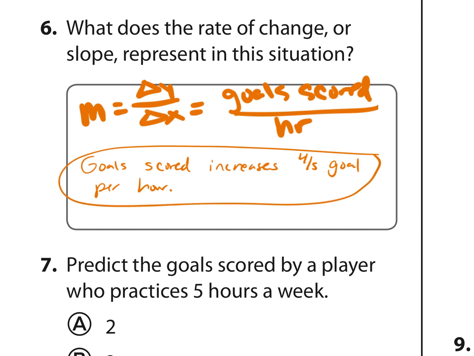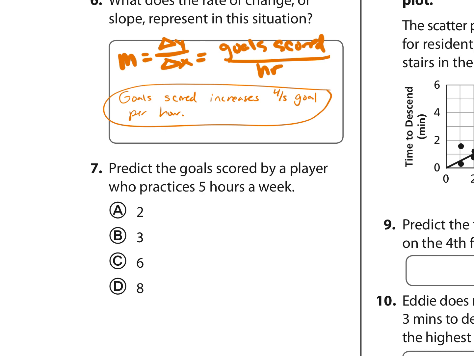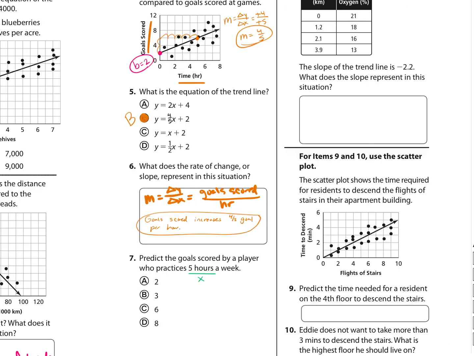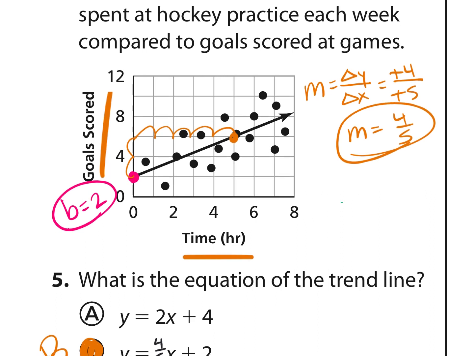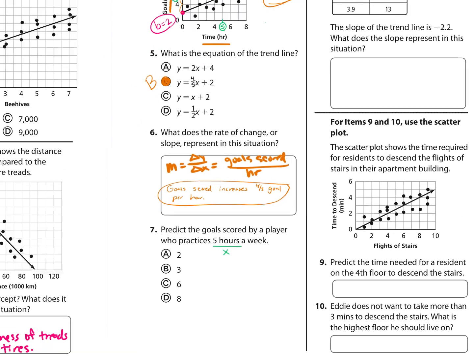Number 7 says predict the goals scored by a player who practices 5 hours a week. That's where x, the time, is 5. I could look at it in a graph by saying, okay, right here is where x is 5, and that is at this point where the goals scored are 6. So I can answer that by saying that it is 6.